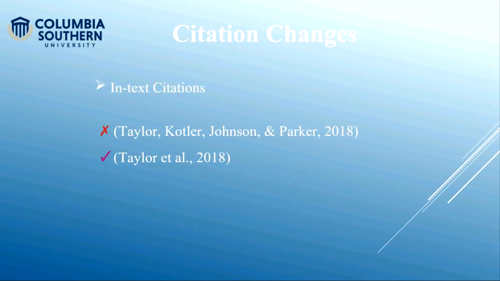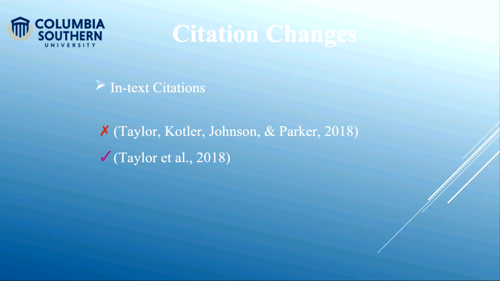Our next citation change is your in-text citations in the body of your paper. Those have been shortened. If the source has 3 or more authors, you will now only include the first author's name and follow that with et al.